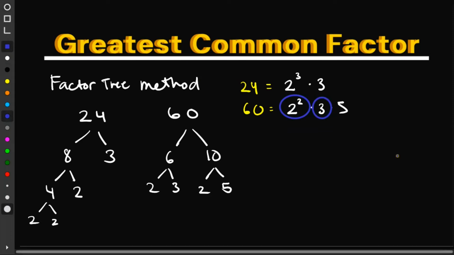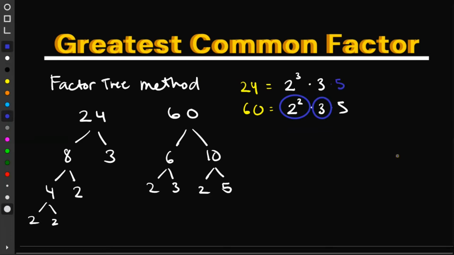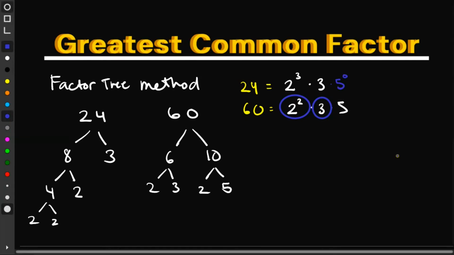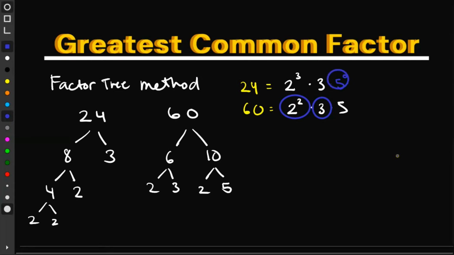Note that in 24, we have 5 raised to 0. Since 5 raised to 0 is 1, that is the one we circle out.